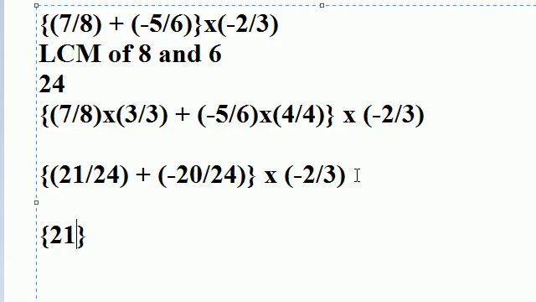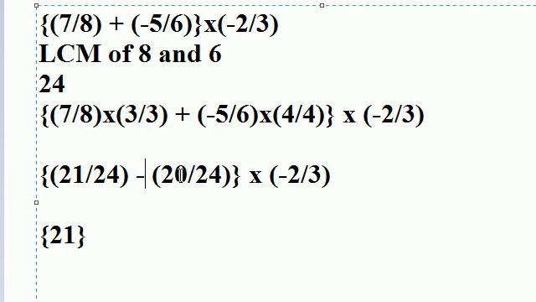21. Now see, 21 should be added with minus 20. We remember that when a plus sign and a minus sign come face to face, the resultant is a minus sign. So this plus and this minus will vanish, and we will be left with a minus sign.